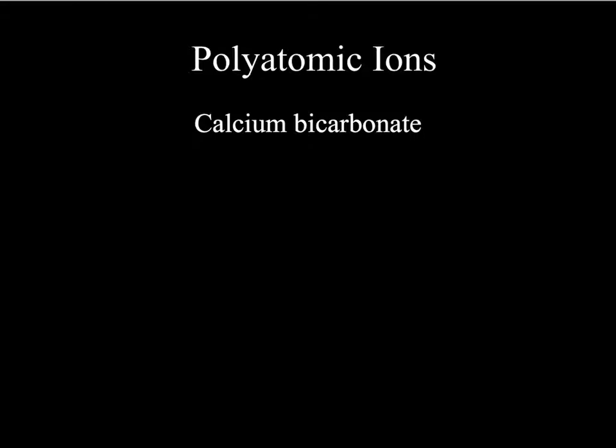Calcium bicarbonate is another ionic compound that has polyatomic ions. So, my polyatomic ion here is bicarbonate, HCO3 with a 1 negative charge. Calcium is Ca, it's in group 2, so it has a plus 2 oxidation state.